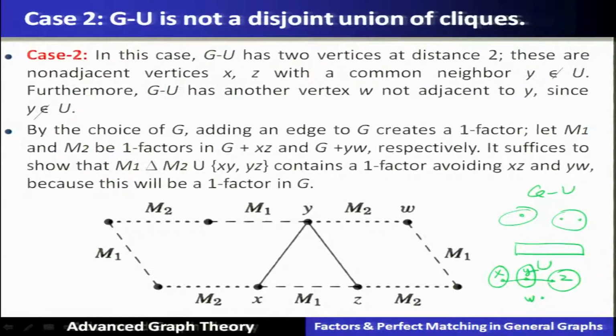Now, by the choice of G, adding an edge to G will create a 1 factor.